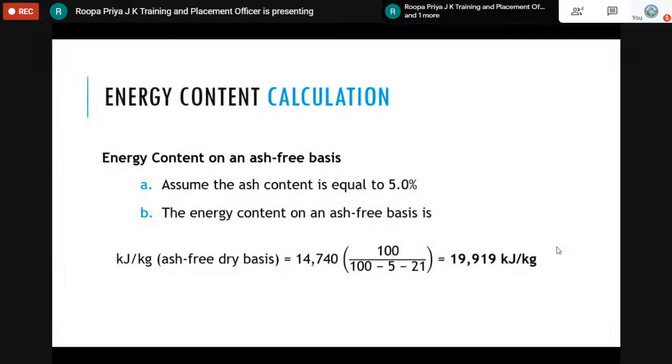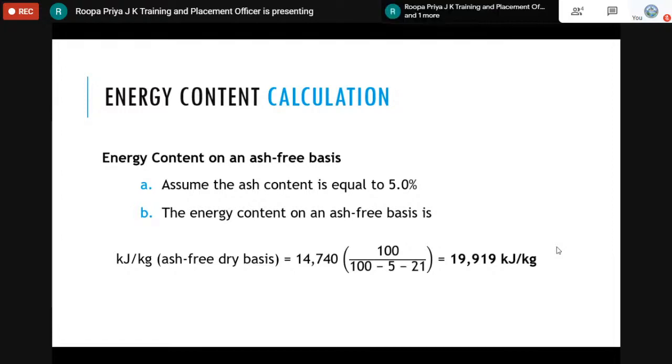If you have to calculate the energy content on an ash-free basis, you have to assume the ash content, which can be equal to 5%. This is an assumption. You can assume the ash content as 5%. And the energy content on an ash-free basis is computed as given in this equation.